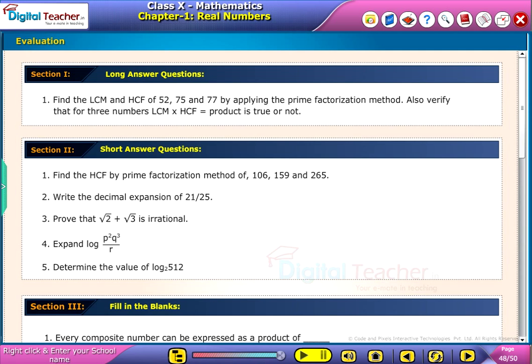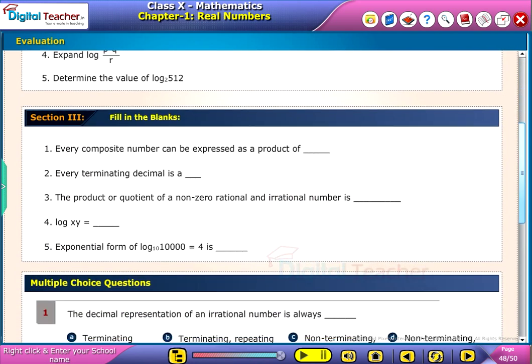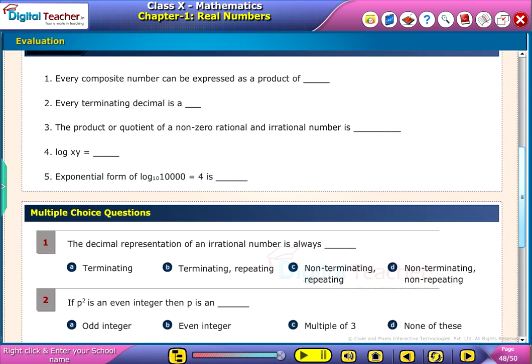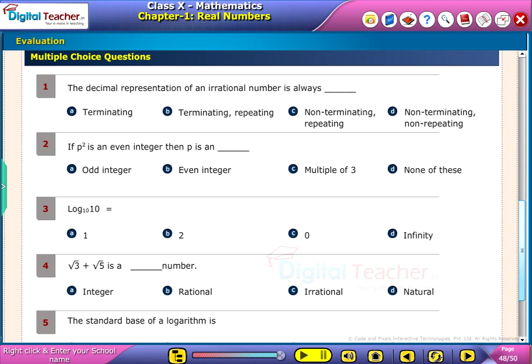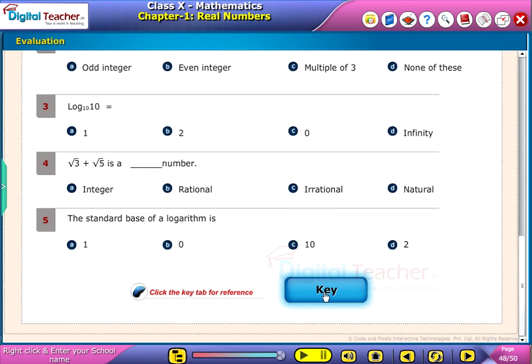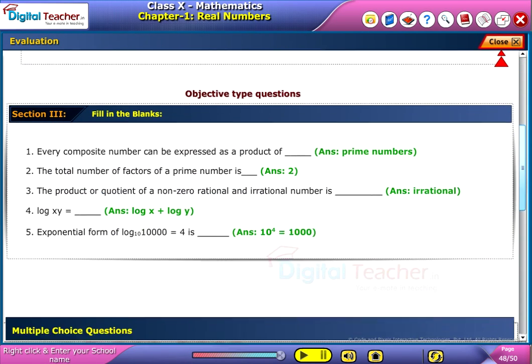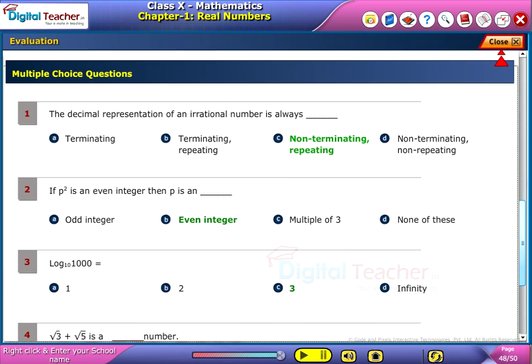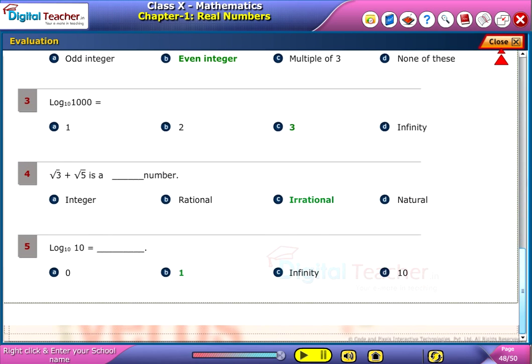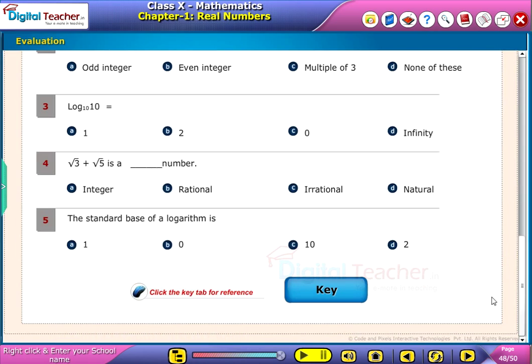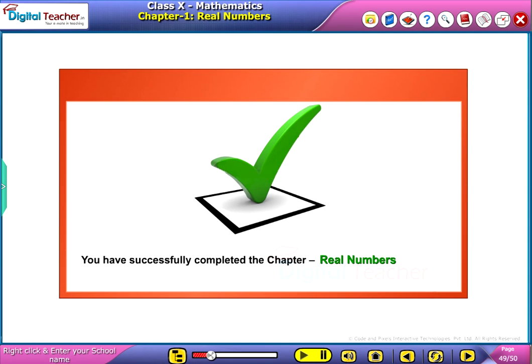Test your understanding of the chapter by taking the mock unit test. You have successfully completed the chapter Real Numbers.